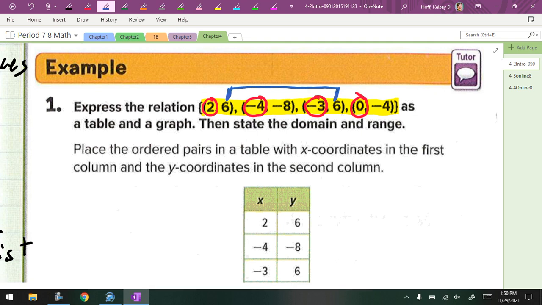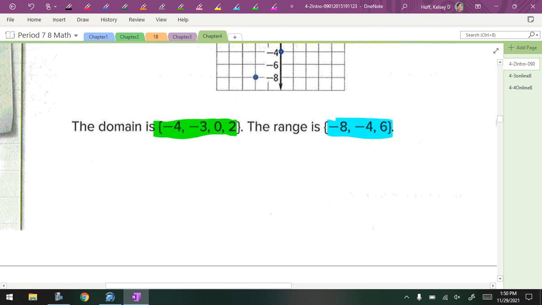So technically you write down 6, -8, 6, -4, but you should never write a number more than once, so they only wrote the 6 down one time. Now, can -4 belong to both domain and range? Absolutely. But in just the range or in just the domain, never list a number more than once.